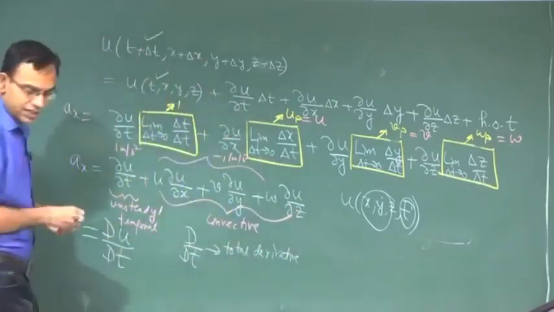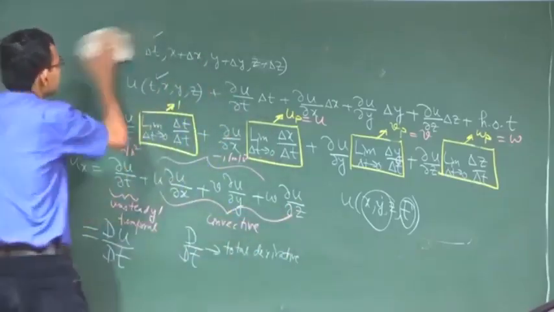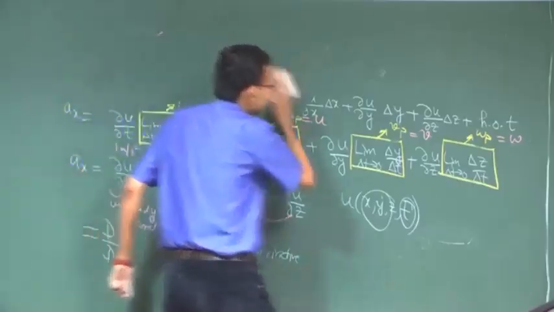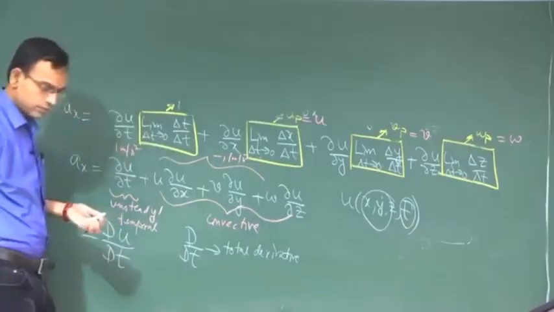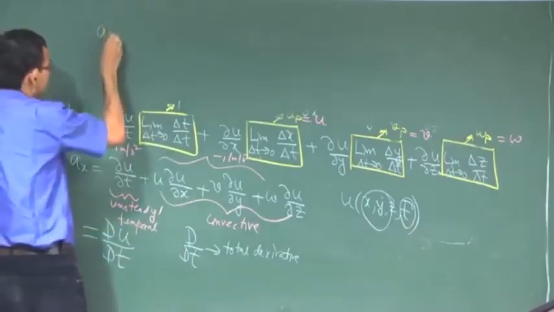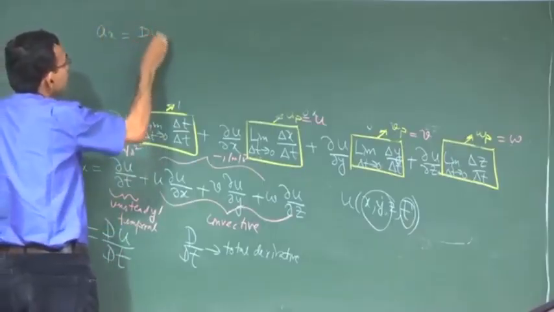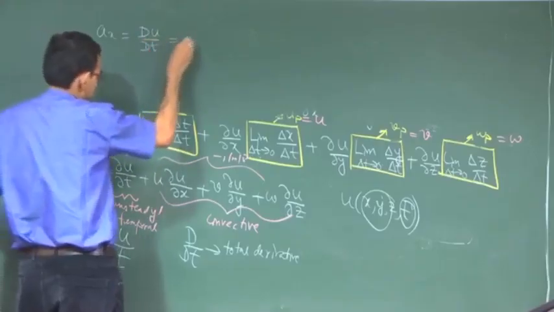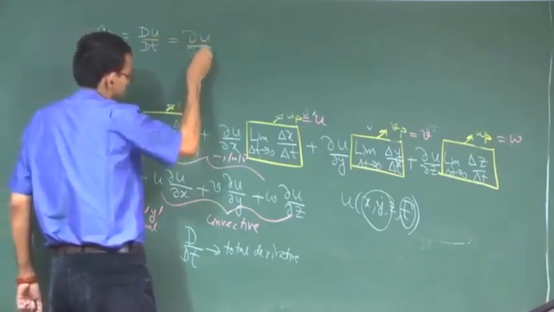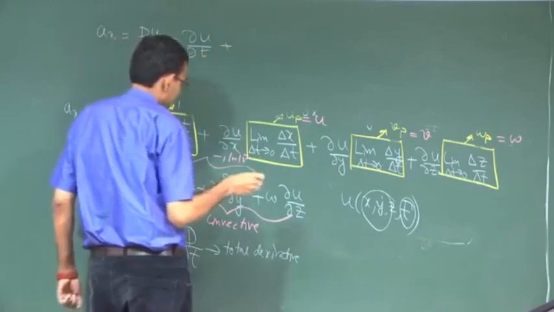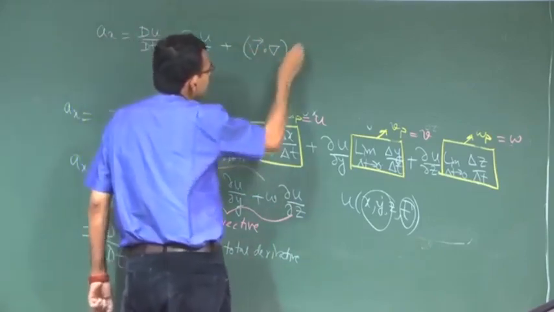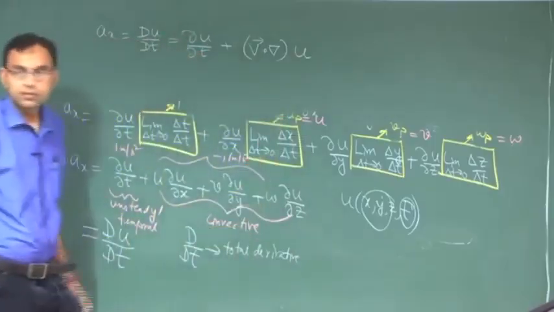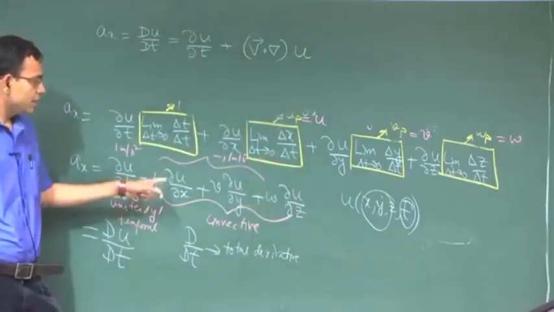So acceleration along x is du dt, in a vector calculus notation. This is what it is.